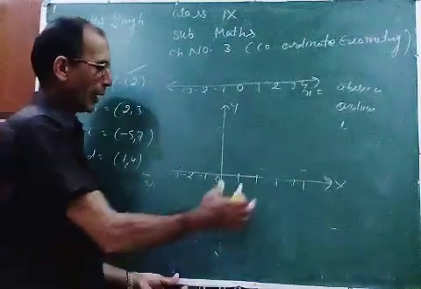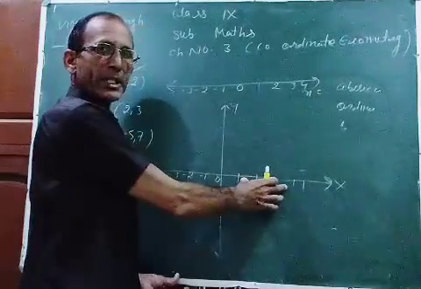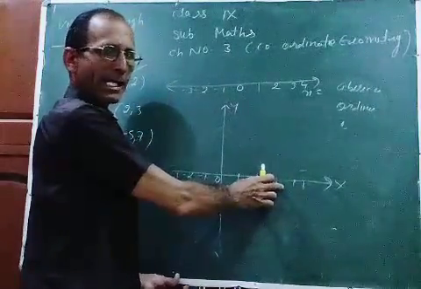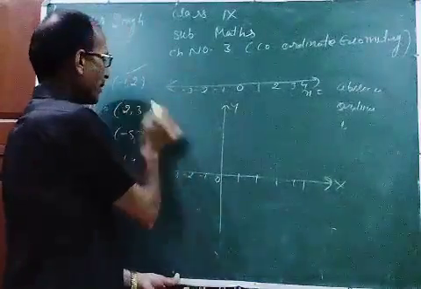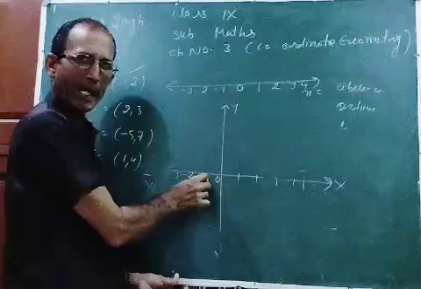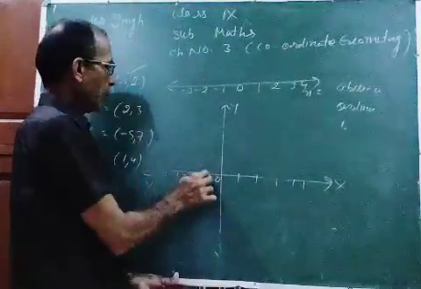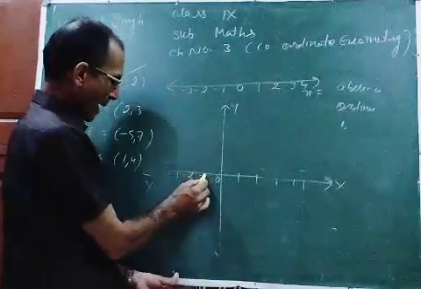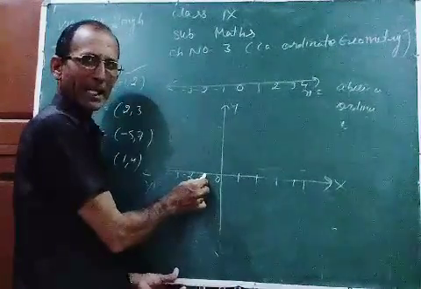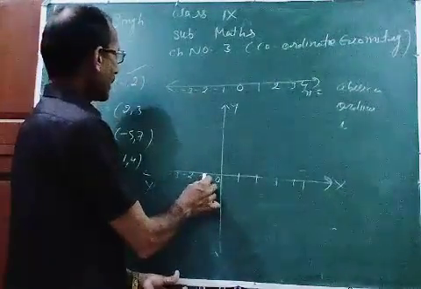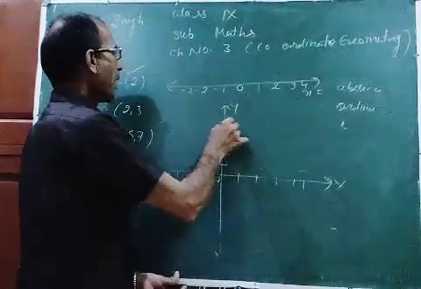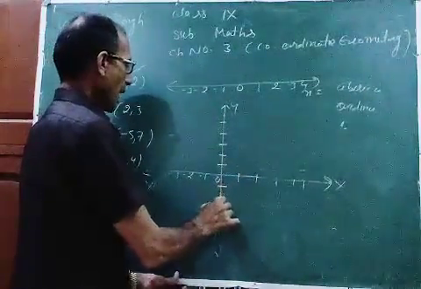So I told you, if you take the positive value of x, take the right side of the origin. So x is -1, it means left side. First of all, you will take the value of x only. After taking the value of x, stop there. So -1 is here. I think you are able to see what I am telling you. Then the corresponding value of y is upward, because positive is upward.